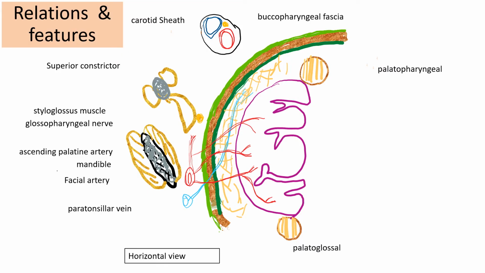Let's see the relations and features of the tonsil in a horizontal section which passes through the oral cavity, cutting the palatine tonsils. Here in this section, what we can appreciate, this is the cut section of the tonsil. Because this is a horizontal section, this would be the anterior, this would be posterior.